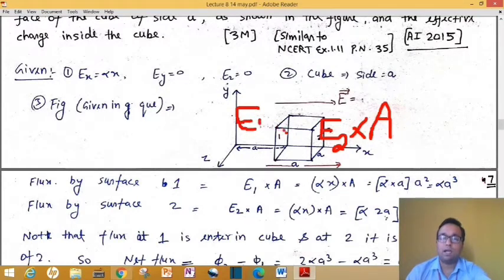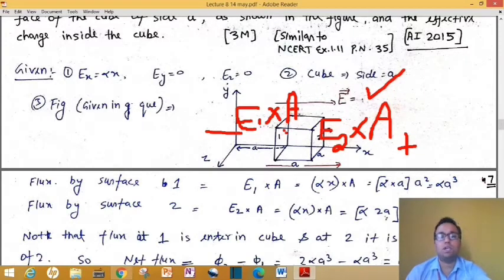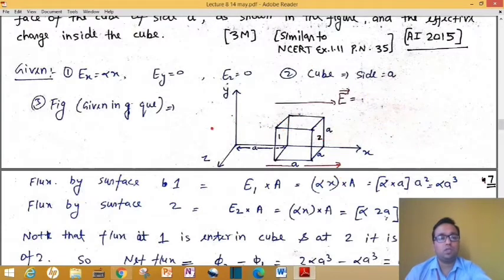I will write the electric field at 1, which is not constant, it is variable, and I will multiply it by the face area A. Then you can understand that E2 into A is the amount of radiation coming out, so it is positive, and E1 into A is what our cube is absorbing, so it is considered negative. The total amount of radiation given by this cube will be E2A minus E1A. Okay, so see the solution.